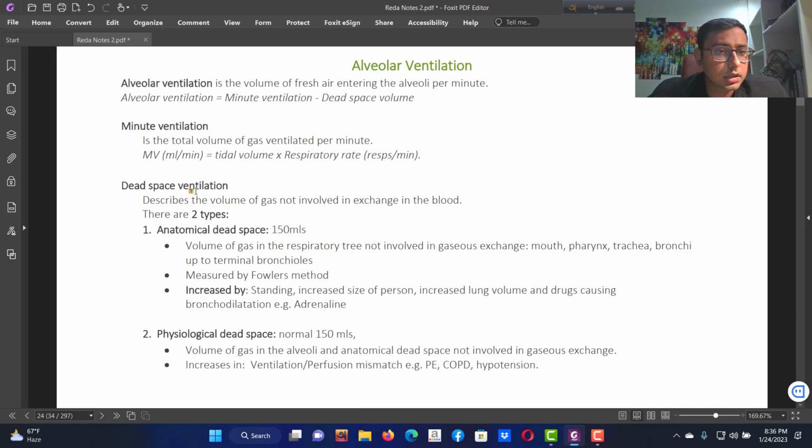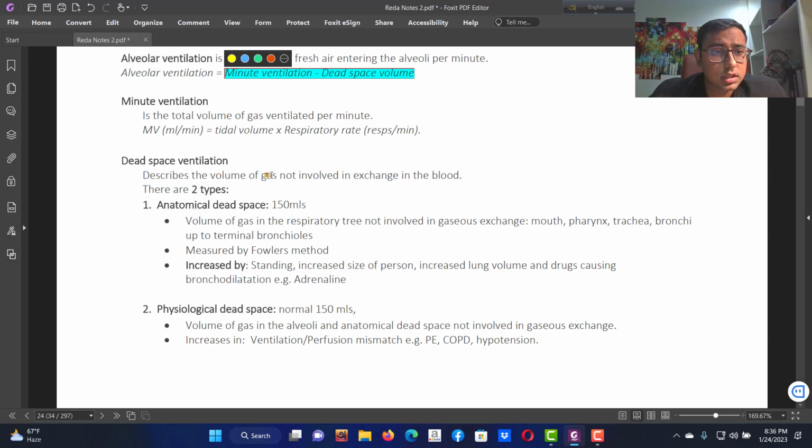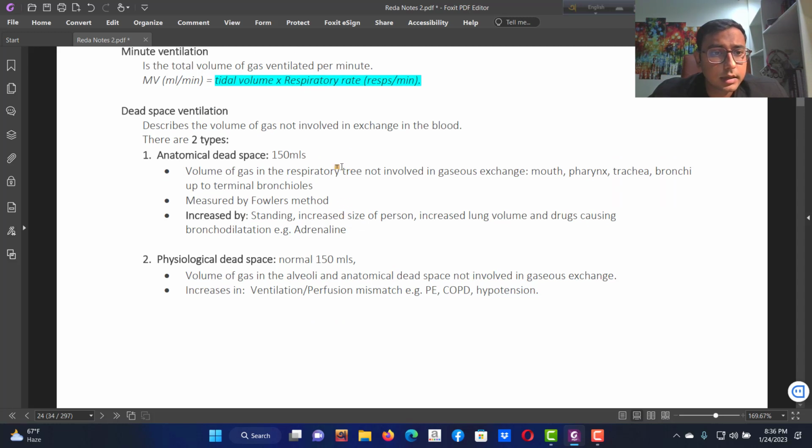Now the alveolar ventilation. Alveolar ventilation is the volume of fresh air, that is minute ventilation minus dead space. The actual ventilation occurs in the alveolar ventilation, and the minute ventilation is tidal volume times respiratory rate. Now anatomical dead space is 150 mL, the volume of gas in respiration not involved in gaseous exchange: mouth, pharynx, trachea, and bronchi up to the terminal bronchioles.